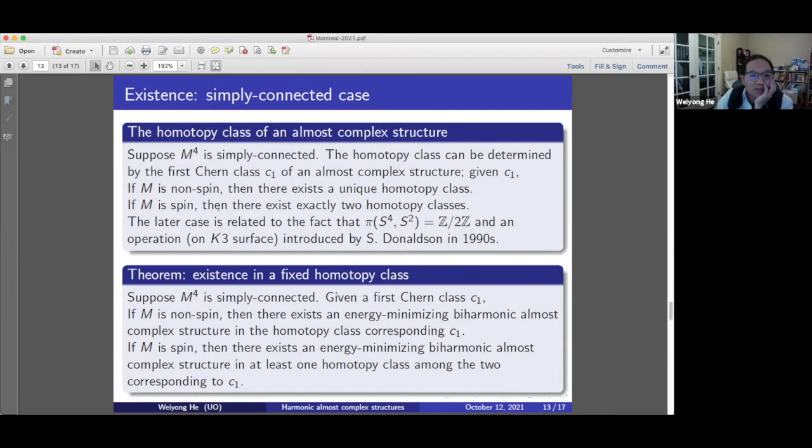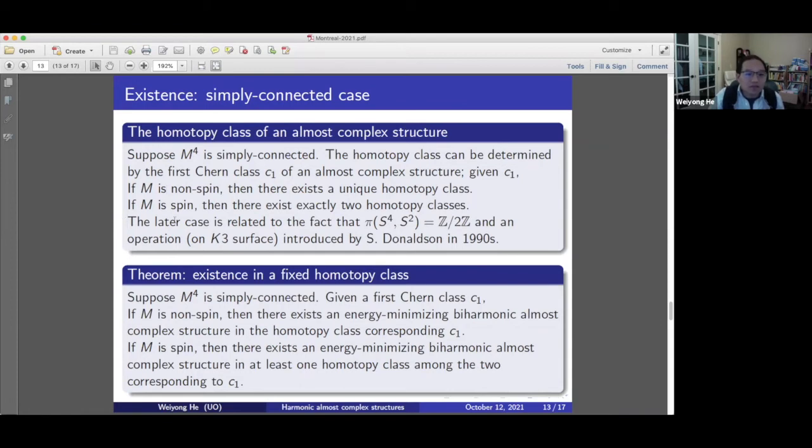And if M is spin, there exist exactly two homotopy classes. We know that there are at most two, that I know for sure. But whether, when M is spin or non-spin, there is a unique one, I am not sure, because in the literature there are two answers from top experts, and I also asked many experts. I do not get a definite answer. So we will see why this is happening.